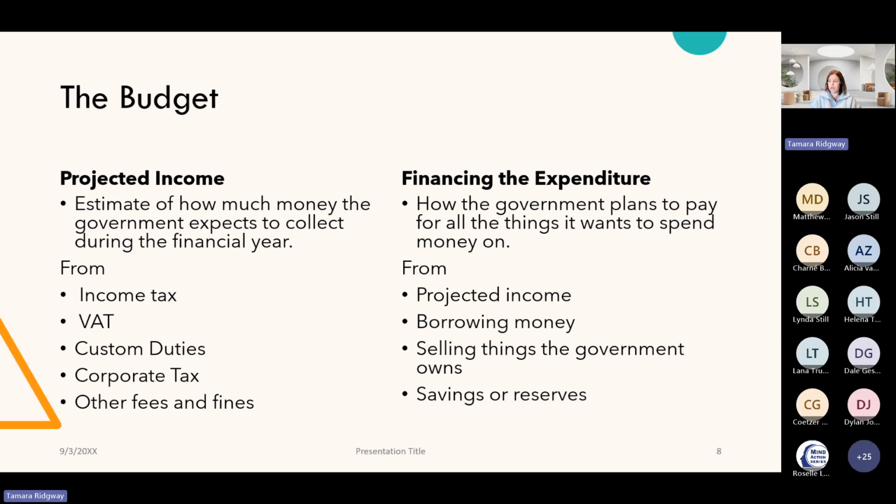So an example would be if a student wants to buy something, okay, and their projected income is how much money they think they're going to make. But if they only think they're going to make 1,000 Rand and what they want to buy is 1,500 Rand, then how are they going to finance it? Where are they going to get that other 500 Rand from? Maybe ask their parents for a loan or something like that.